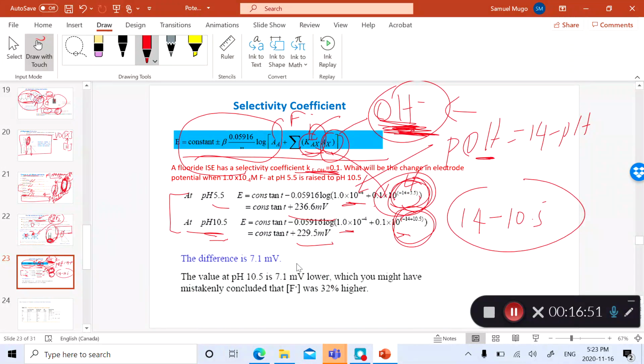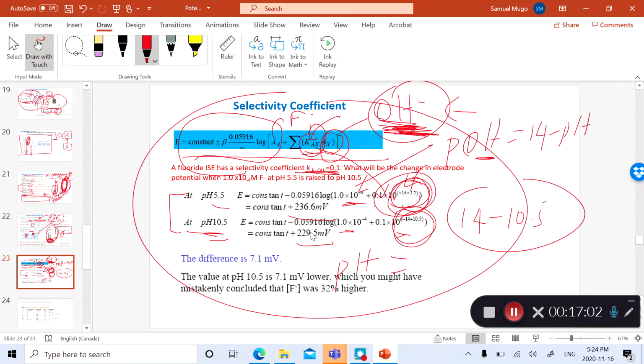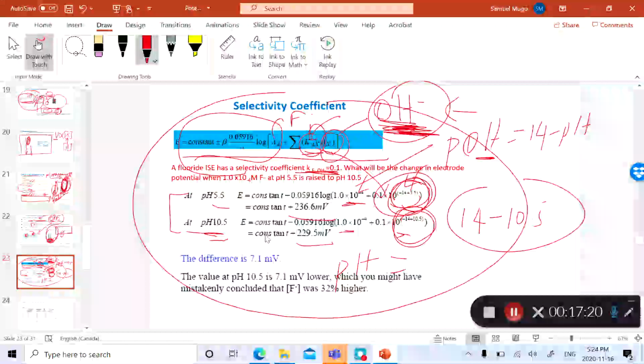So this one is very important to know why you really need to have the pH of the solution constant in this case. Anytime you're using an ion selective electrode like fluoride, often you would use a buffer so that you don't have changes in pH, because as you can see, changes in pH cause problems in terms of change in voltages or readings in general.